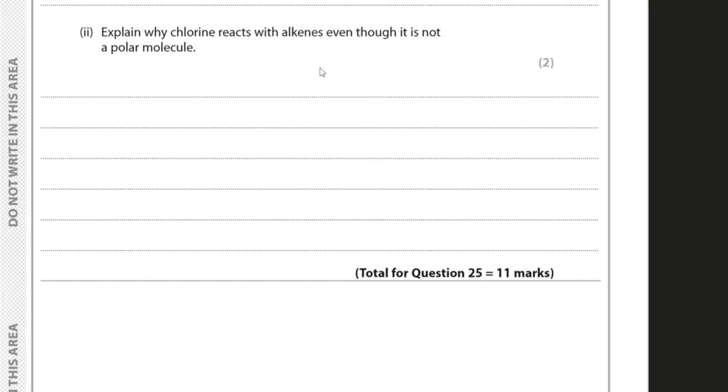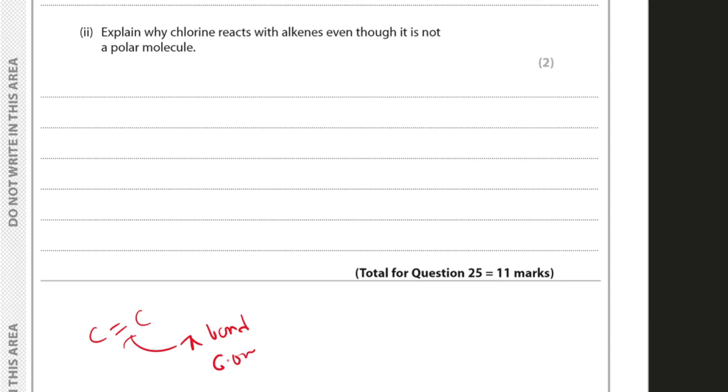Explain why chlorine reacts with alkenes even though it is not a polar molecule. Now that's a nice question. First of all, we know that in alkenes we have the carbon to carbon double bond, so we have a pi bond along with the sigma bond present.